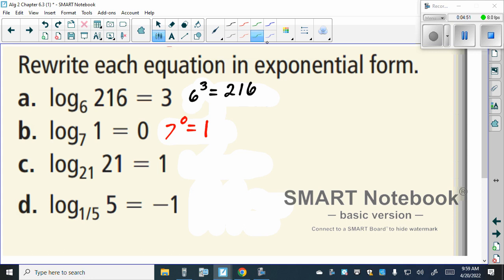Log base 21 of 21 equals 1. 21 to the 1st is 21. Last but not least, log base 1/5 of 5 equals -1. And that's it. Questions on these here? You like these so far?